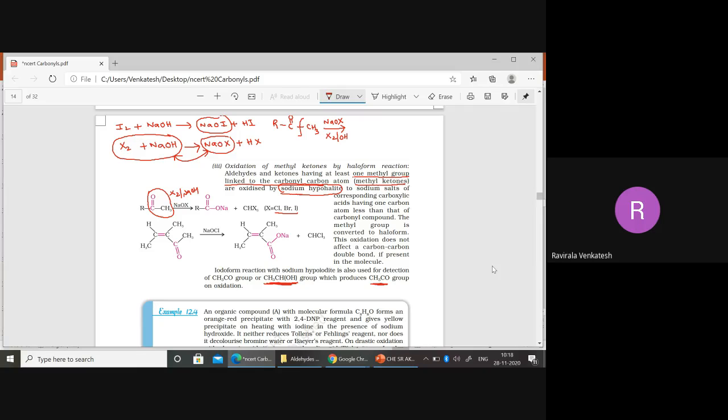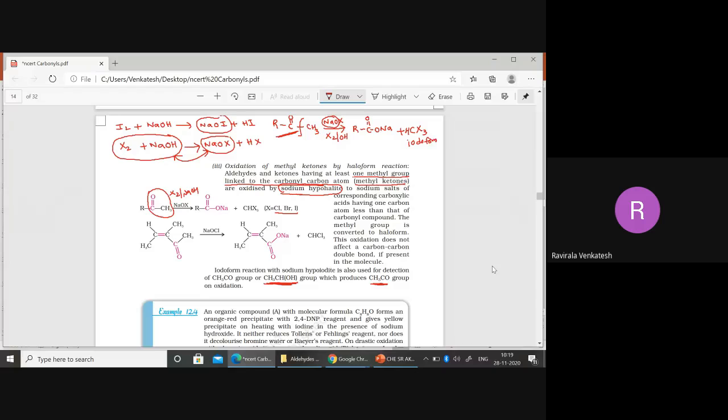You break this bond and convert this one into RC double bond O, and put ONa here. The remaining is X. Now all hydrogens are replaced with halogen, CX3, and put one hydrogen here. This is called iodoform.